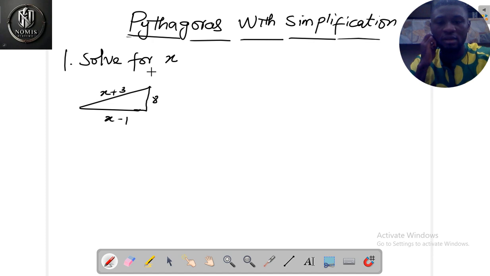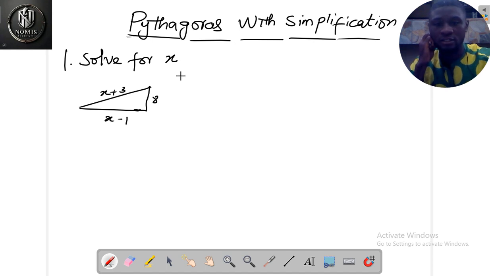So when we remember this, we think about what we have on the screen. We have the hypotenuse to be x plus 3, the opposite to be 8, and the adjacent to be x minus 1. So we are going to use the Pythagoras theorem to simplify this triangle.